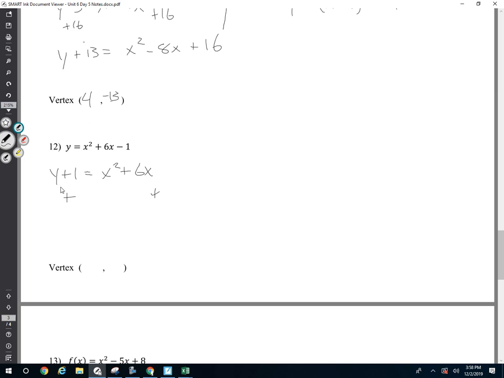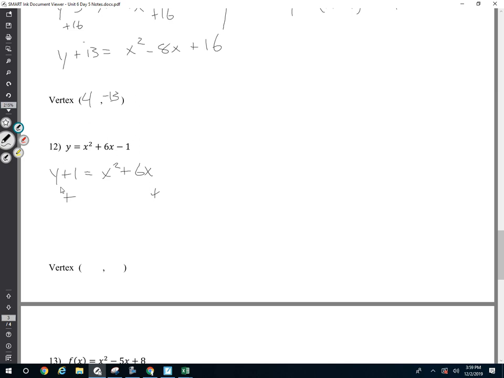You are then able to rewrite the right side as x plus something squared. And you can move that 10 back over. You have x squared plus 6x.